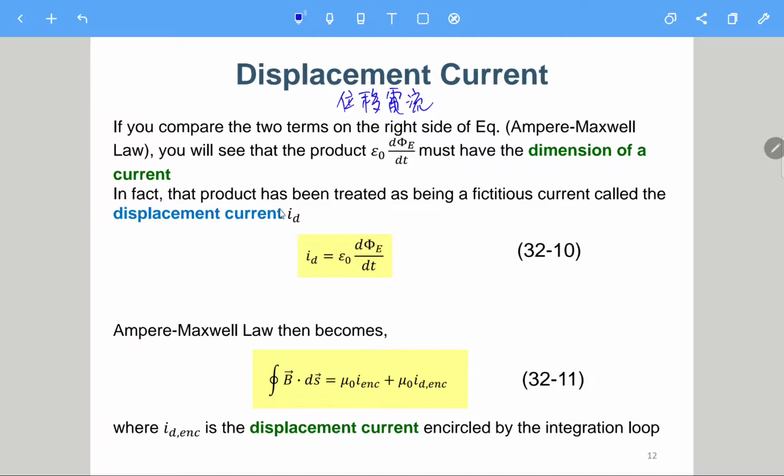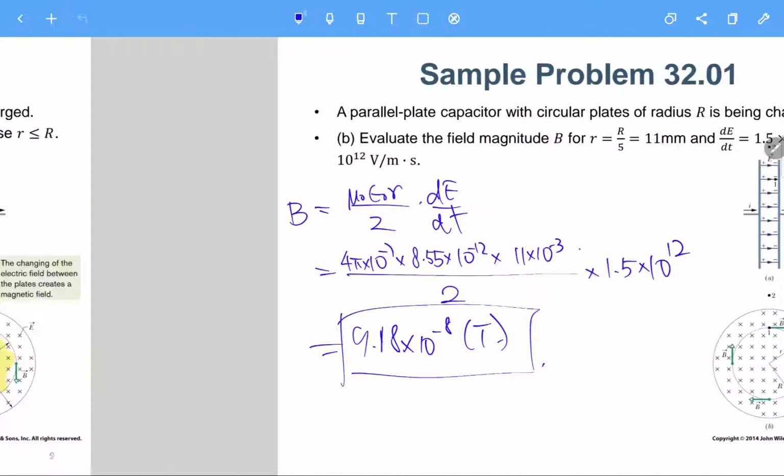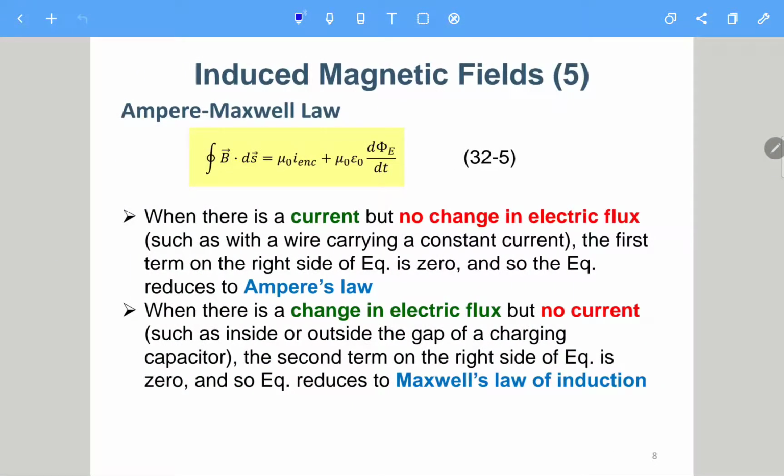In fact, that product has been treated as a fictitious current called the displacement current, ID. Suppose we have this equation, and it should satisfy all the SI units. So we have mu naught times I enclosed, and this term should be something like a current.